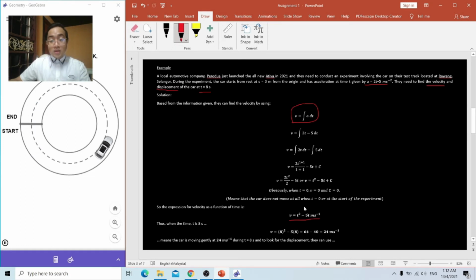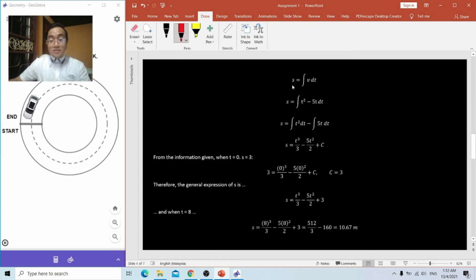Using this expression, we can find the displacement by substituting it into the formula s is equal to the integration of velocity dt, and we obtain s is equal to t cubed over 3 minus 5t squared over 2 plus 3. Since we need the displacement when t is equal to 8, substituting it into t, we obtain 10.67 meters.